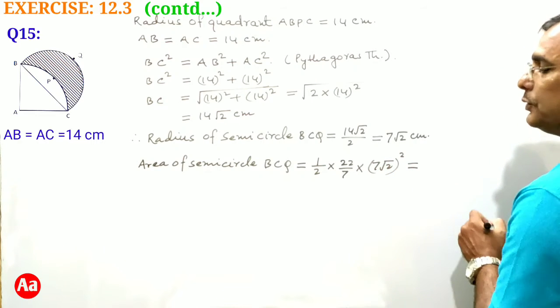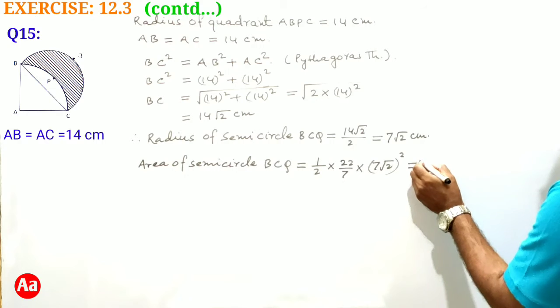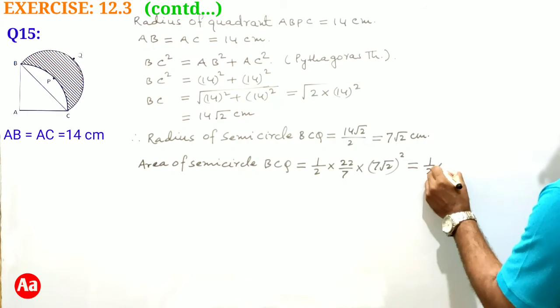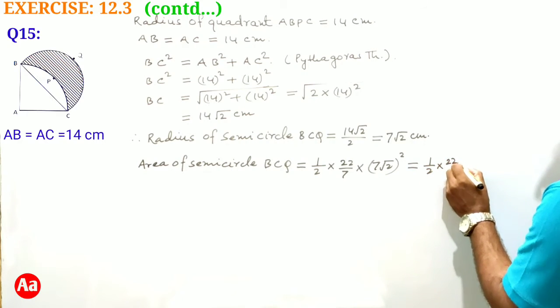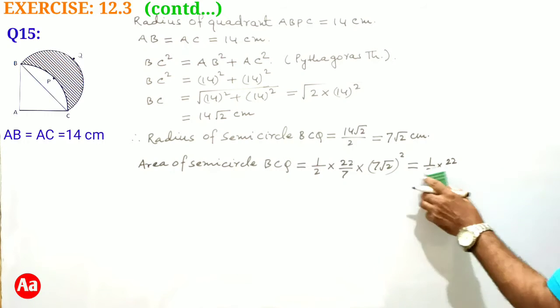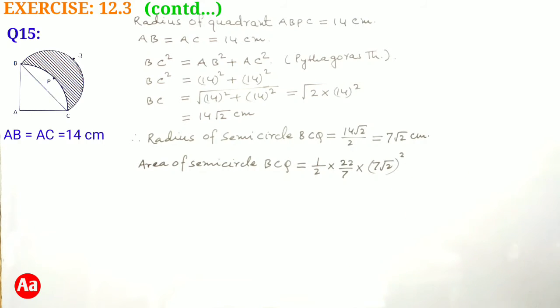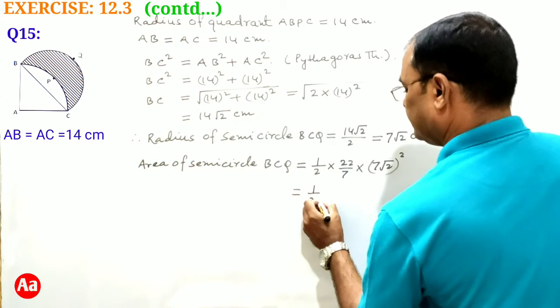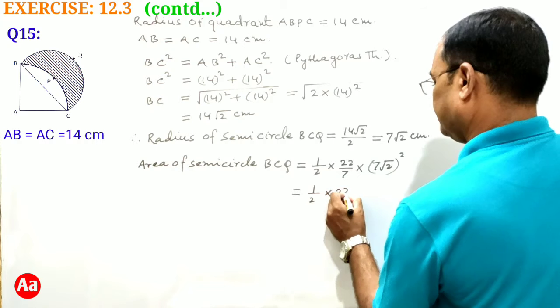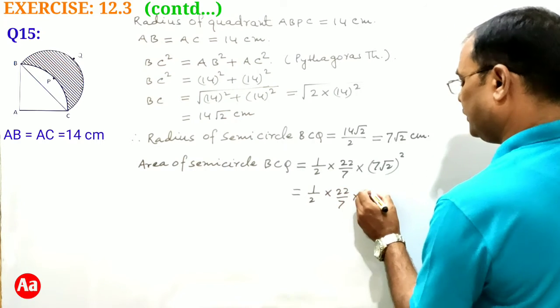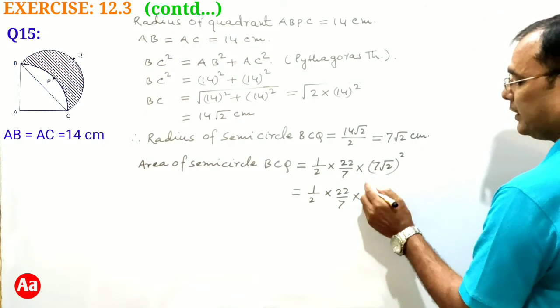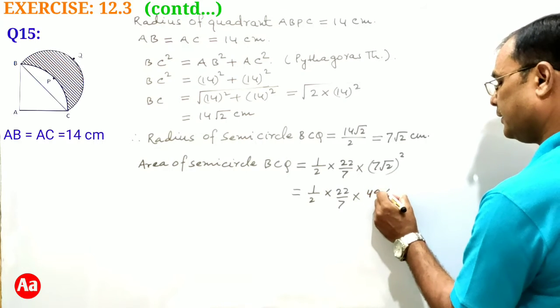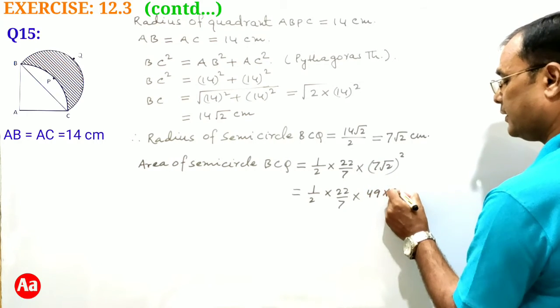This is equal to half into 22 by 7 into 7 square 49 into root 2 square 2.